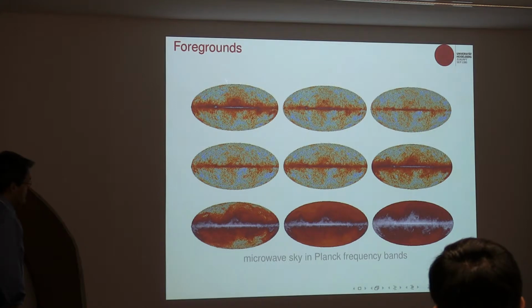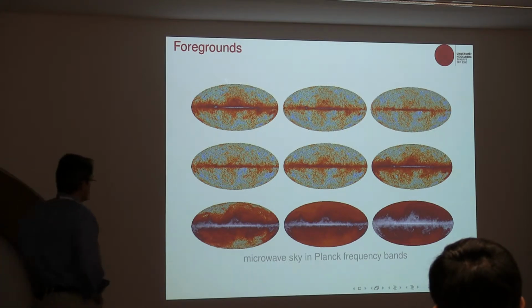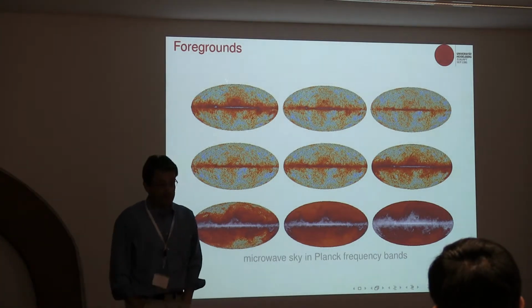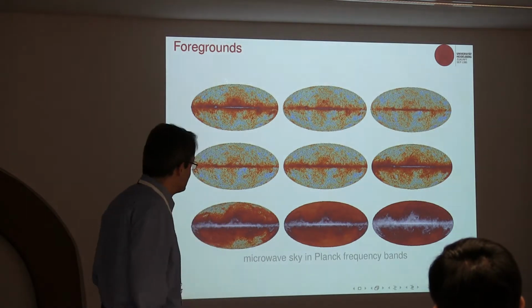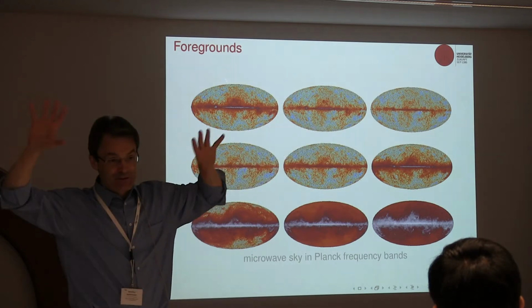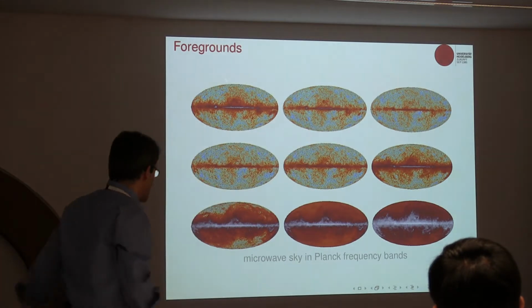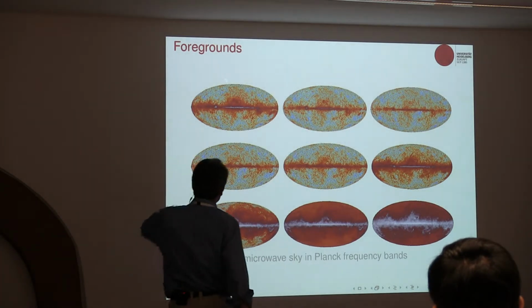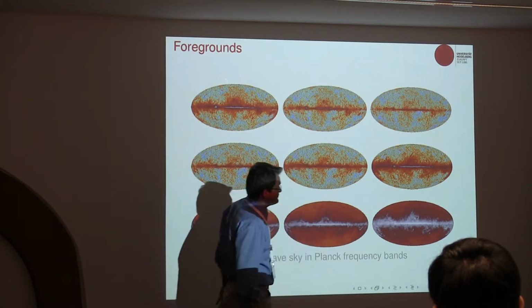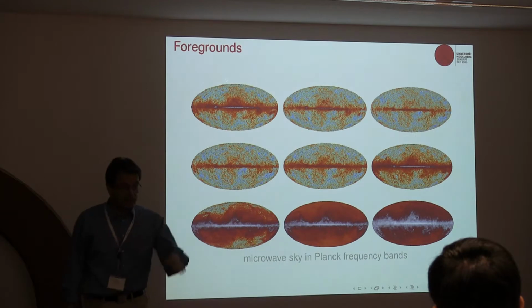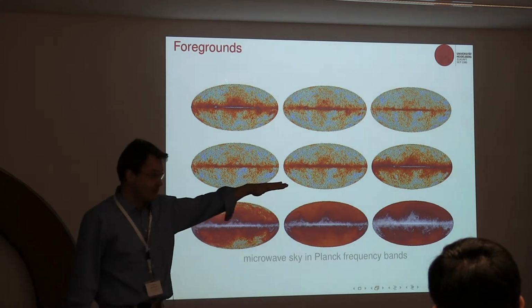And what you can see in all these maps is that you see almost everything but no CMB, except in the outskirts of the maps. So what do you see? Well, all these maps are centered such that the disk of the Milky Way galaxy is running along the equatorial line of the maps.